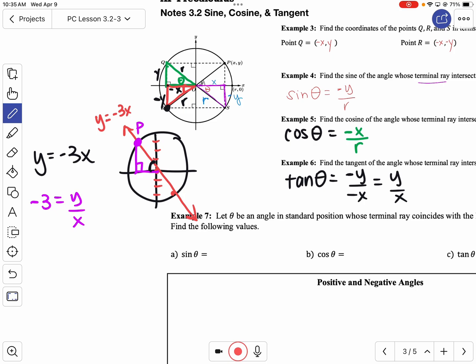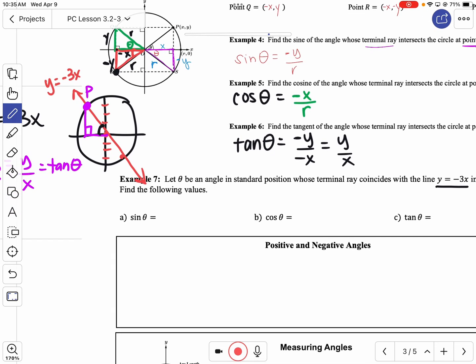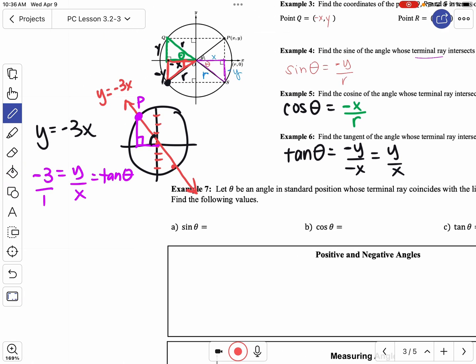Lo and behold, if I had gotten y by itself, that's what it would have been in that equation above it. So I know that tangent of theta equals y over x, because it's my slope. So my tangent is just negative 3. Now, here's the fun part.